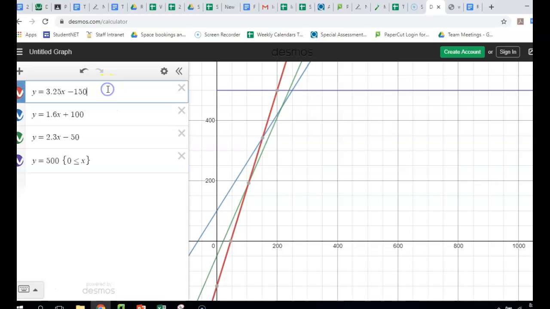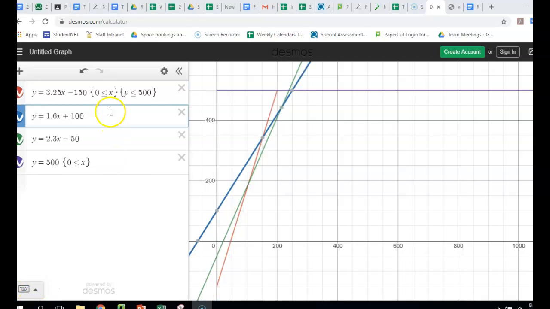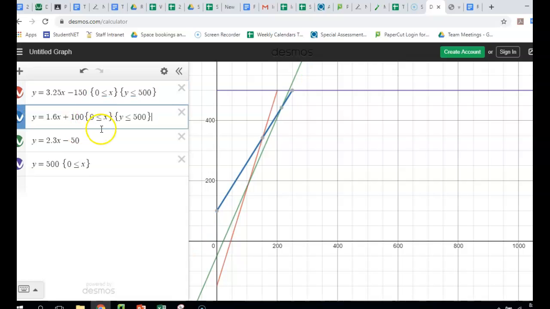So I've added that we want our x's to only start from 0, because you can't have negative time, and we want our y's to finish at 500, because that's where the race finishes. Once you've got this once, you can copy and paste it to the other 2 places where you need it.